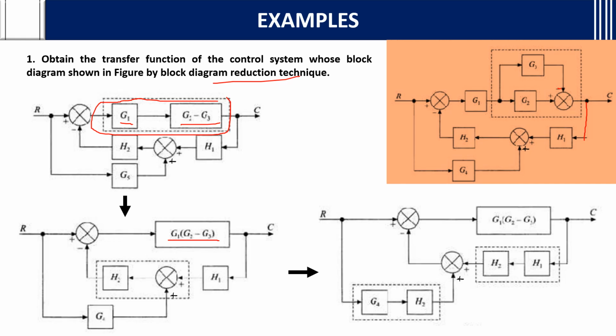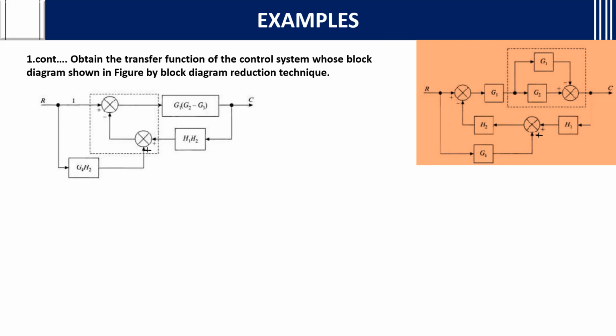Understanding? G4, H2. See, what we are doing is moving this plus point to the left side. Means we need to add H2 to that respective signal. So we are adding that, and this H2 block will come on the right side. Then if you see, these two are in cascade, these two are in cascade. Then this will become H1, H2, this will become G4, H2.